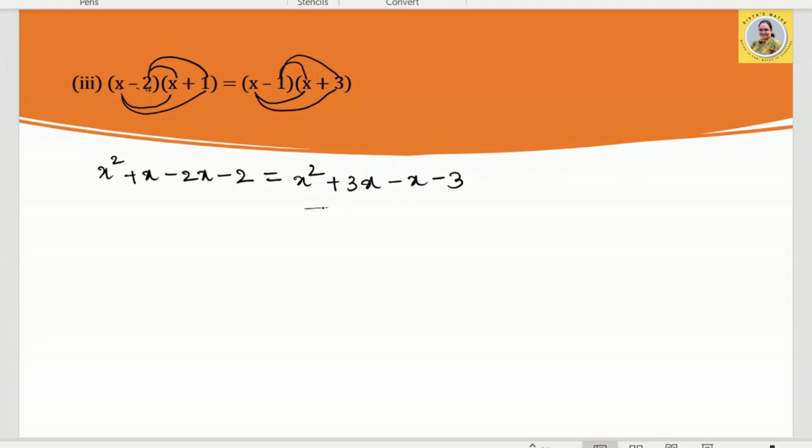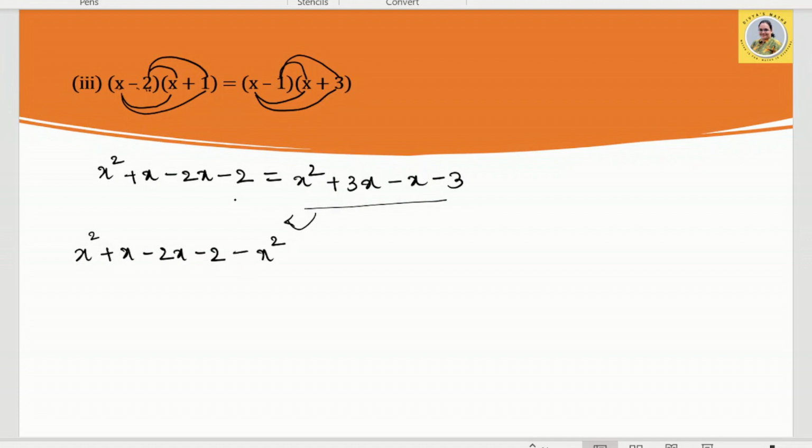Now let us get all the terms which are in the RHS to LHS. So first let us write the terms which are in the LHS first. That is x square plus x minus 2x minus 2. Plus x square, when you get to LHS, will become minus x square.